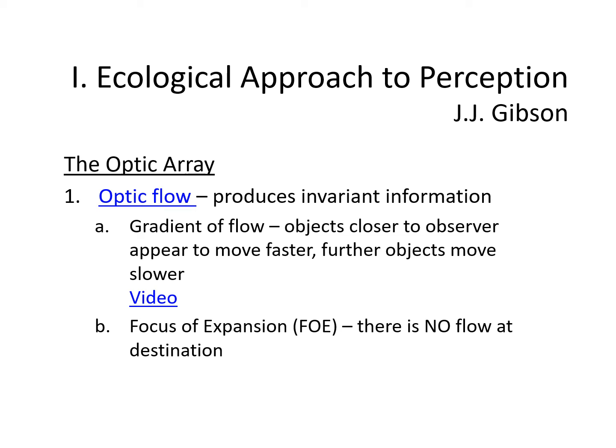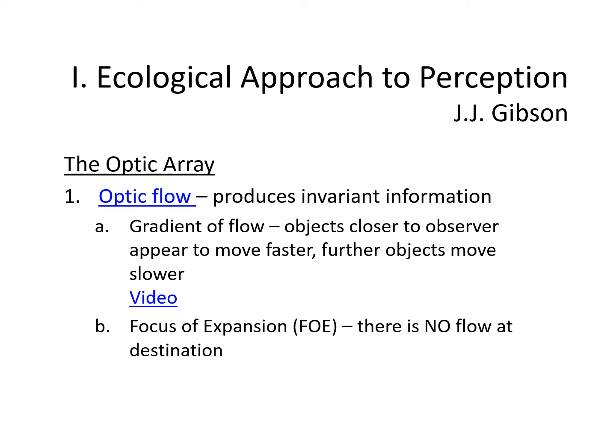If you've ever been in one of those tunnels that's giving you this sense that you're moving in a certain direction, you'll see in this first one that these arrows are really providing optic flow or gradient of flow information, and it makes you feel like you're moving a certain direction when actually you're going straight. And it feels like you're going maybe to the right. I can't remember which direction it was. And so it throws people off balance.